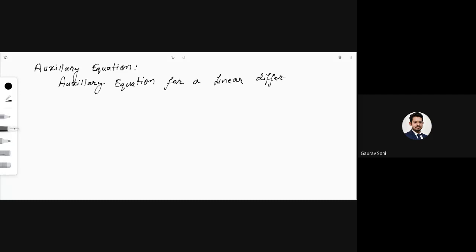So before going to that, we will write down the definition for the auxiliary equation.